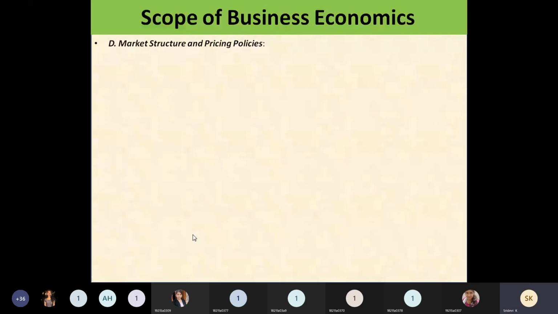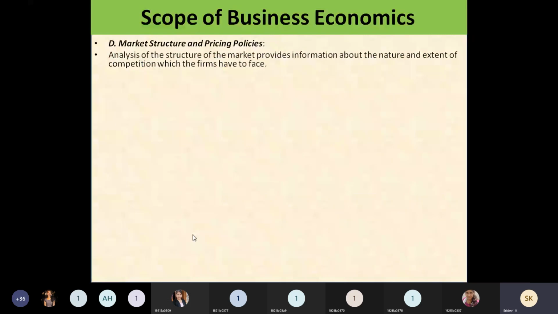Another decision area where you can apply business economics is market structure. We have different market structures, and different features will indicate the type of market. Taking into consideration competition, we can divide them into different levels: monopoly, monopolistic, perfect competition, oligopoly.